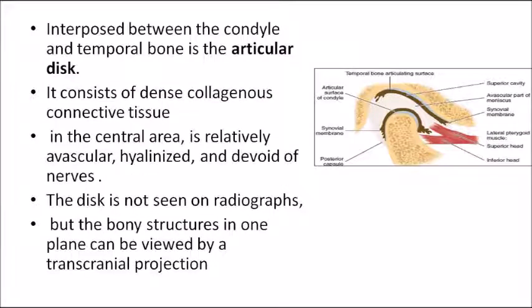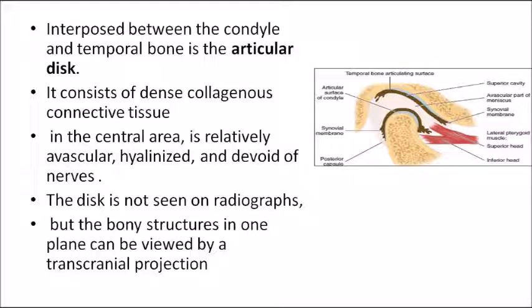Now, the TMJ, as we have already seen, is formed by the condylar process of the mandible, the articular eminence of the temporal bone and the glenoid fossa of the cranial base. Between the temporal bone region and the condylar region of the mandible, there is a dense collagenous connective tissue, which is called the articular disc.